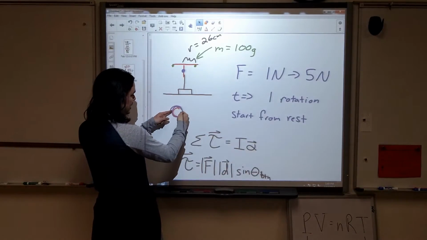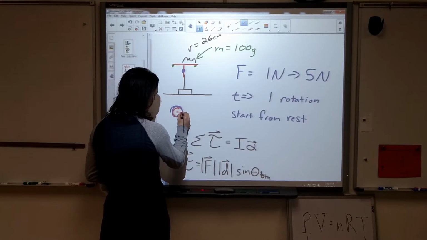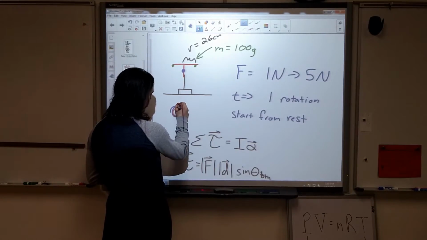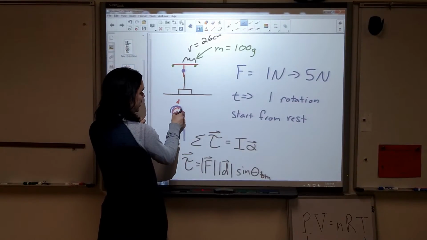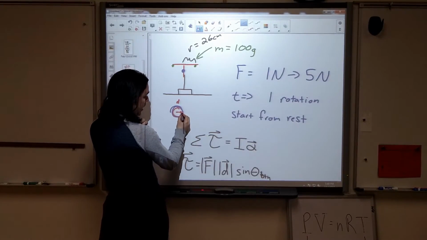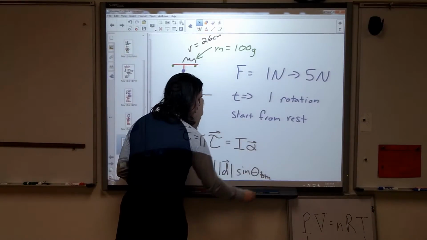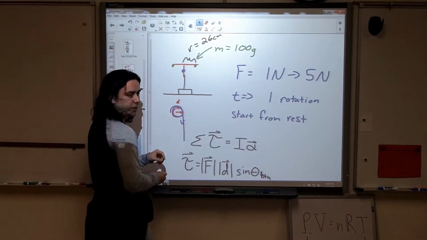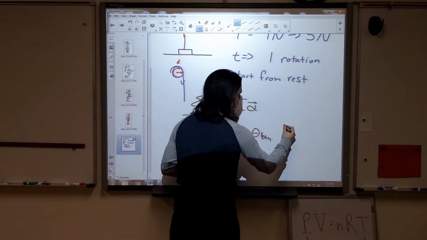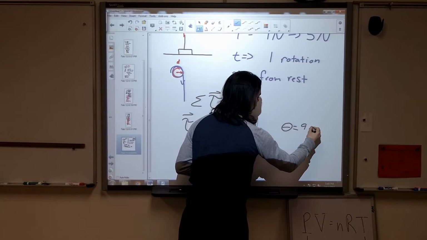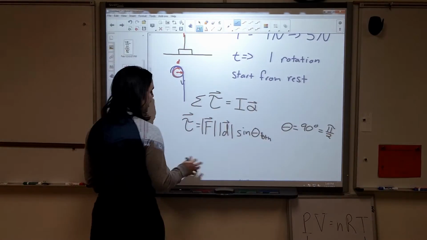And this would begin to spin, but at every given point, here's the lever arm that you are applying that at, basically the radius of the PVC pipe, and it points directly to the right in my drawing, and your force points directly down. So the first thing I'll point out is, no matter how you rotate this, the way you all had it set up, theta, the angle between them, is going to be equal to 90 degrees, or pi over 2 if you prefer radians.